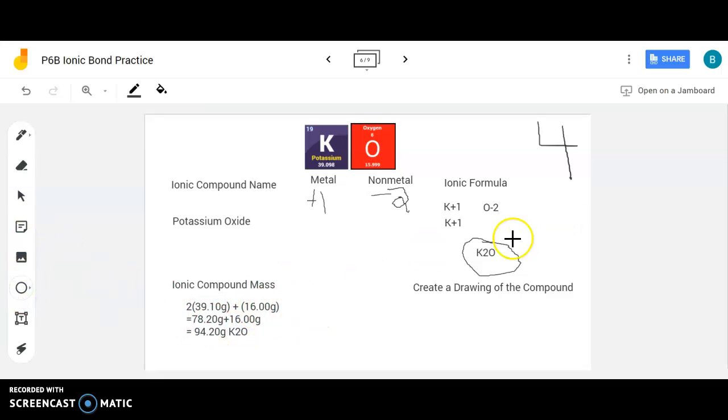Potassium oxide, when drawn, you're going to have 2 potassium, and you're going to have 1 oxygen. And when they get together, the ions are going to have partial charges.